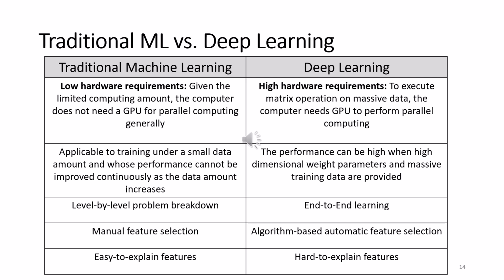For machine learning, manual feature selection is used, but for deep learning, algorithm-based automatic feature selection is used. From the previous diagram, we can note that manual feature selection is applicable in machine learning, but the deep learning algorithm selects the features automatically.